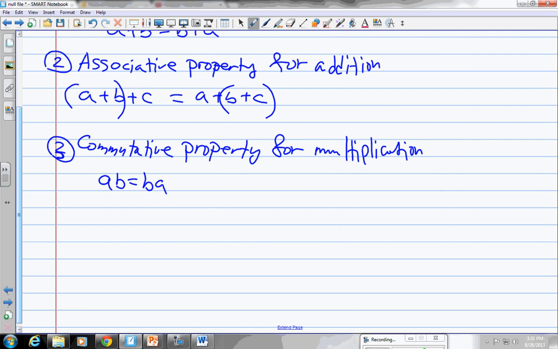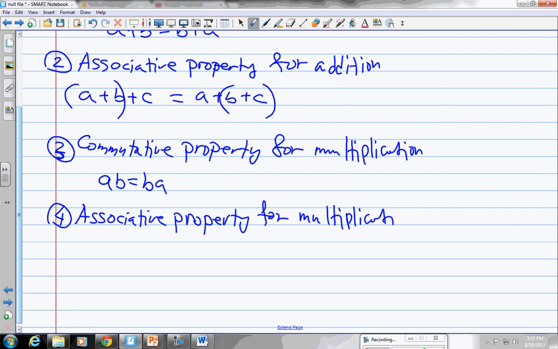And of course, that's, and we'll have associative property for multiplication. Is that okay? And that's, again, very similar to the one above. If you have a product of three numbers, then it doesn't matter in which order you parenthesize them. That's the verb I just made up.